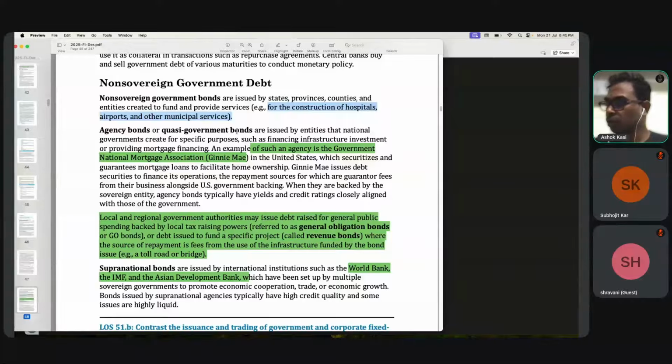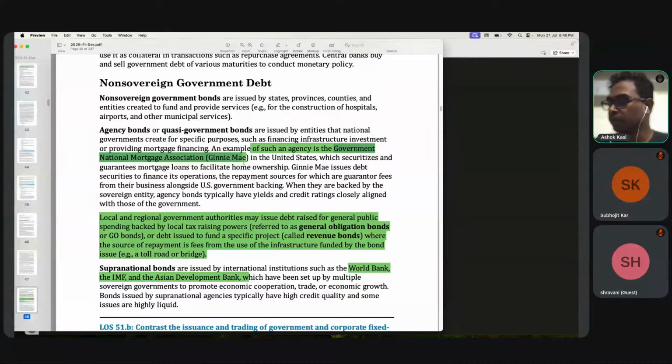Agency or quasi-government bonds. Quasi means partial government. What do I mean by partial government? That means the government is associated but not fully. They're not fully running it, but they are associated to some extent. For example, remember we saw government-sponsored entities in mortgage-backed securities.